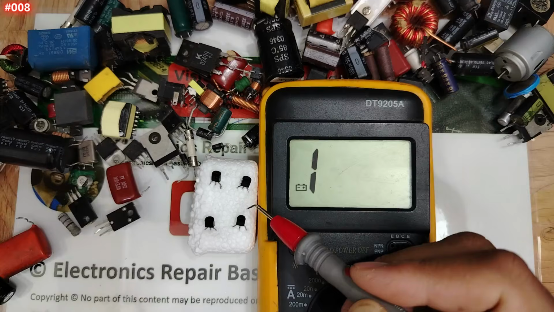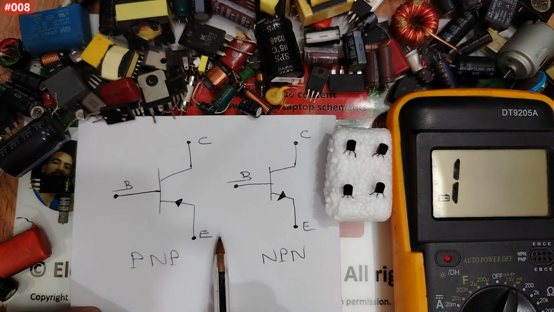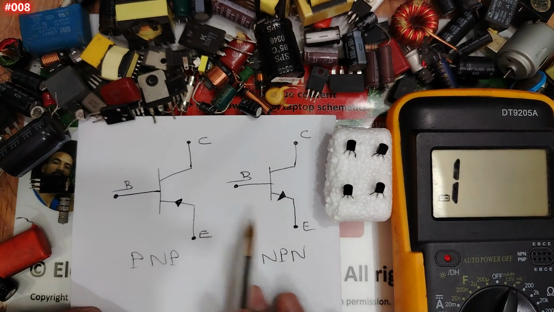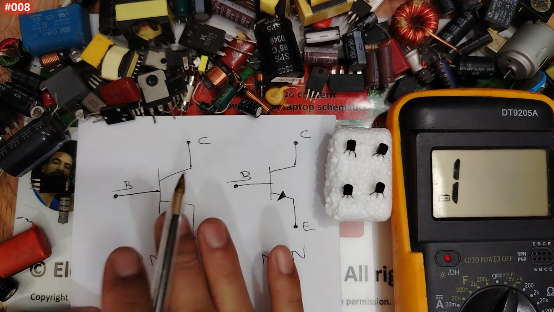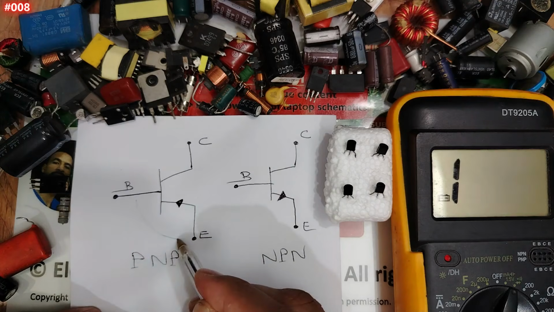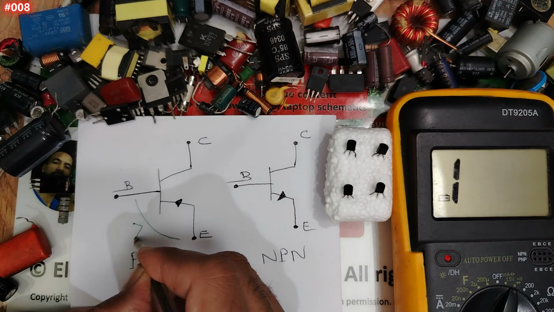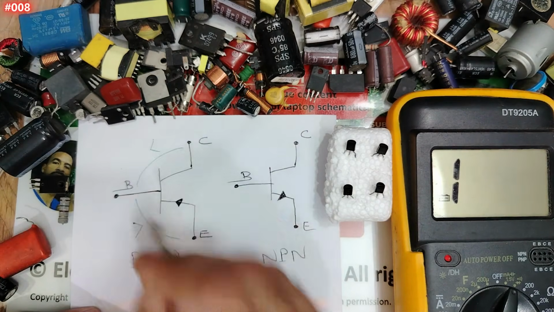Okay, now let's identify the emitter, collector and base. So guys, this is basically the transistor symbol. Here we have PNP and here we have NPN. To locate the collector, emitter and base, we use this simple technique. Always between base and emitter, we find a higher reading than between base and collector.